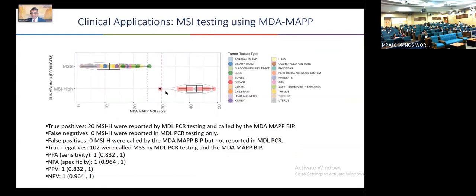Here's an example of how the MSI calls on the NGS based panel that we have perform in relation to the conventional size based or fragment analysis based MSI calls. You can see a very high degree of concurrence when it comes to MSI high and MSI stable status. So these are becoming routine, and we are systematically able to now look at all the tumor types for these important biomarkers.